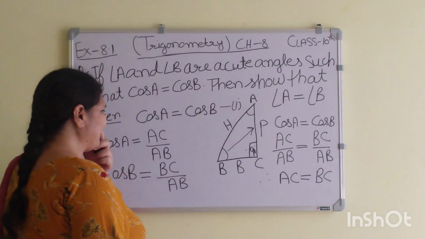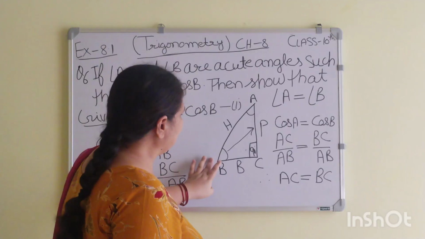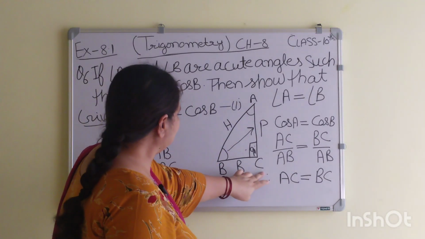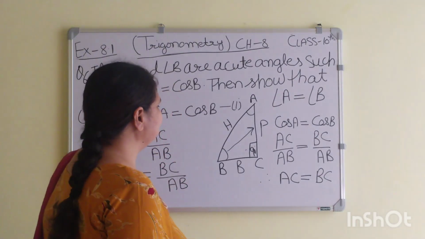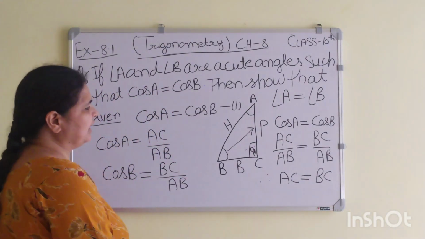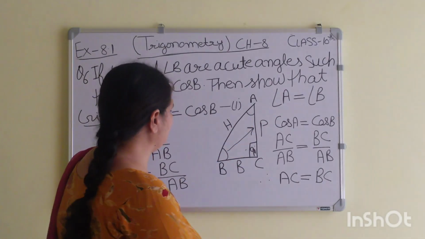So if AC and BC are equal sides, then the opposite angles of these equal sides are also equal.